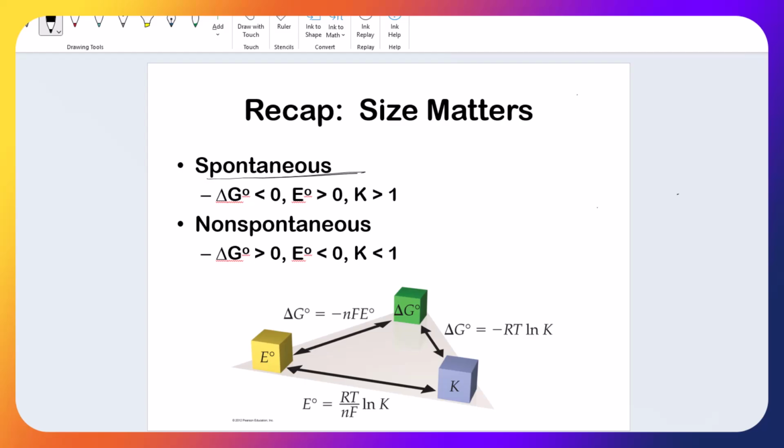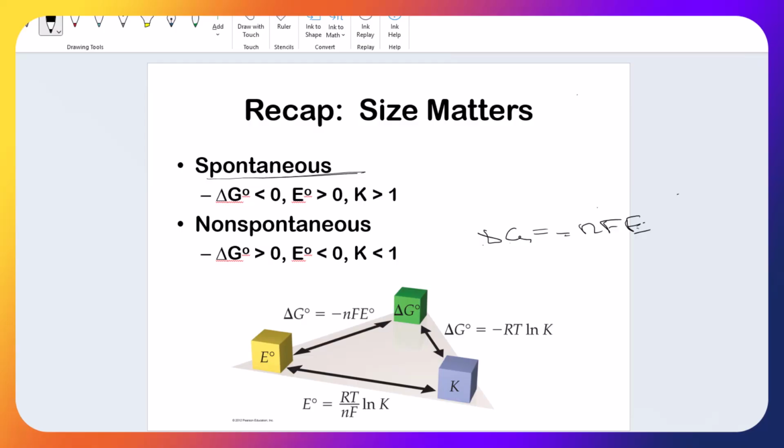That would make E naught less than 0, because if you remember, delta G equals minus NFE. So if E is negative, then because you have a minus times a minus, delta G will be positive. If E is positive, then because you have a minus times a positive, you get a negative, delta G will be negative. And then K is less than 1 if E naught is negative.